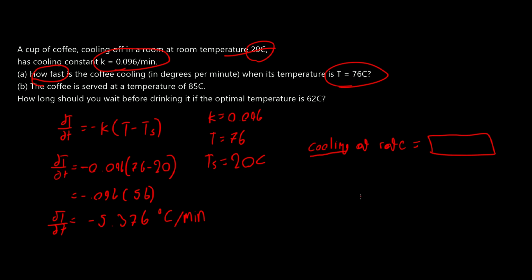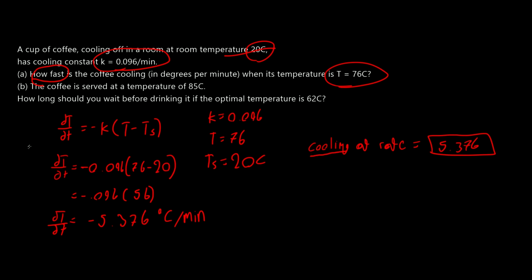It'll be the equivalent of saying I am backing up at a negative velocity. We already know we're backing up. We're backing up at a certain speed. But in this case, we already acknowledge that it is cooling, so there's no need to put the negative in there. So when it words it like this, you're just going to want to put 5.376, since this is just a rate and we know that it's cooling already.